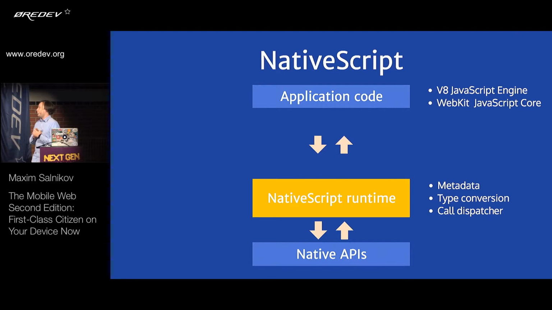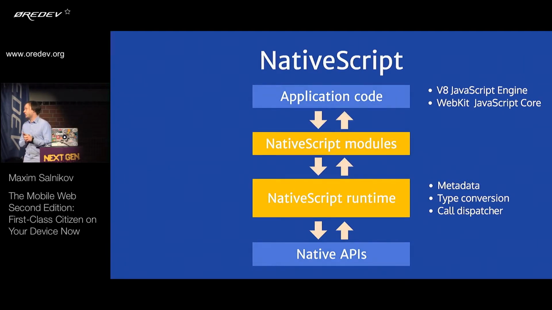But in this scheme, we have to know exactly which function we are going to call for each specific platform, right? Which could not be very useful for us if we create a multi-platform application, right? Luckily, NativeScript includes one more component, which is a platform-agnostic abstraction layer called NativeScript modules.